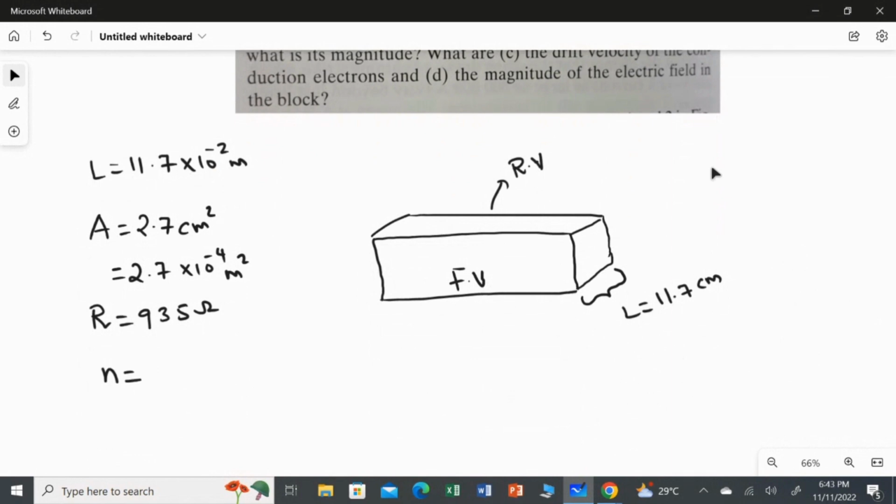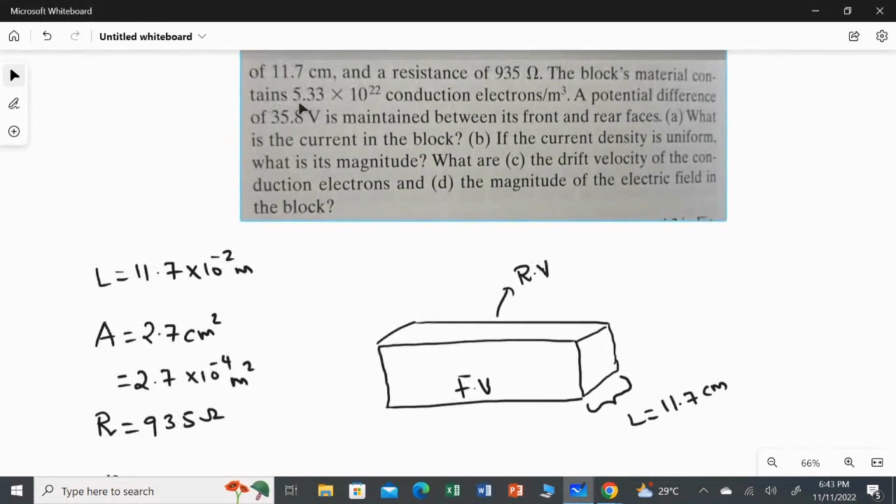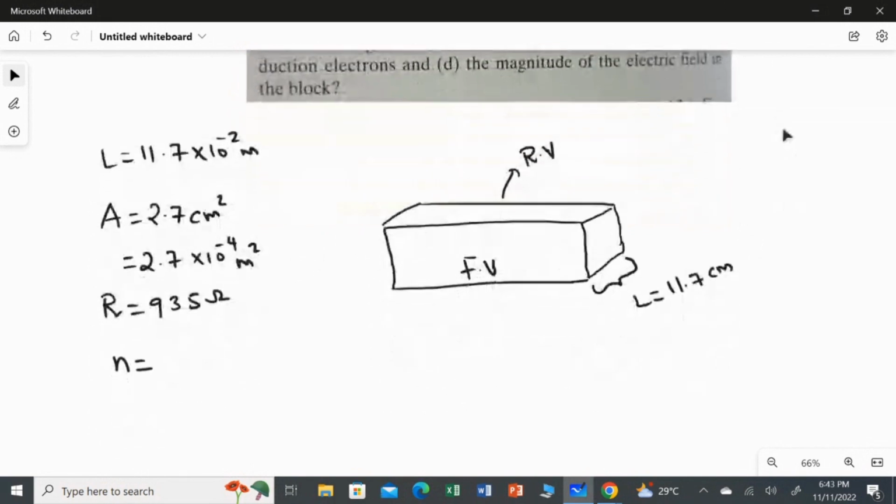The small n is used for indicating the number of conduction electrons. So the n value is 5.33 multiplied by 10 power 22 conduction electron per meter cube.